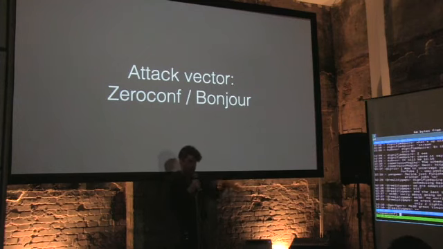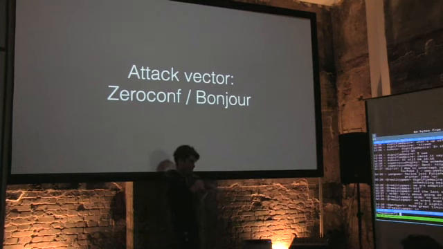So if I can convince the printer to change its name and then have another printer by that name on the network, then all the computers that used to print to the old printer now just think the printer got a new IP and are going to start printing to that printer, which I control. This name changing is part of the spec, because the key has to be unique for this to work, of course.